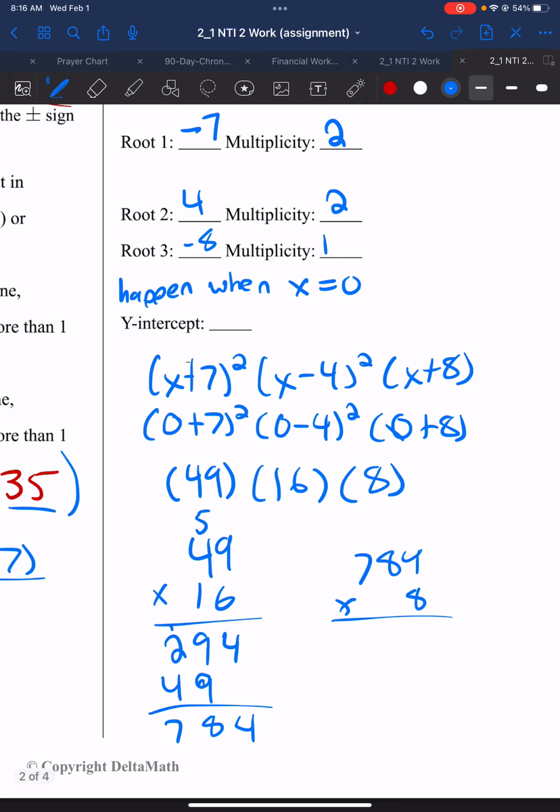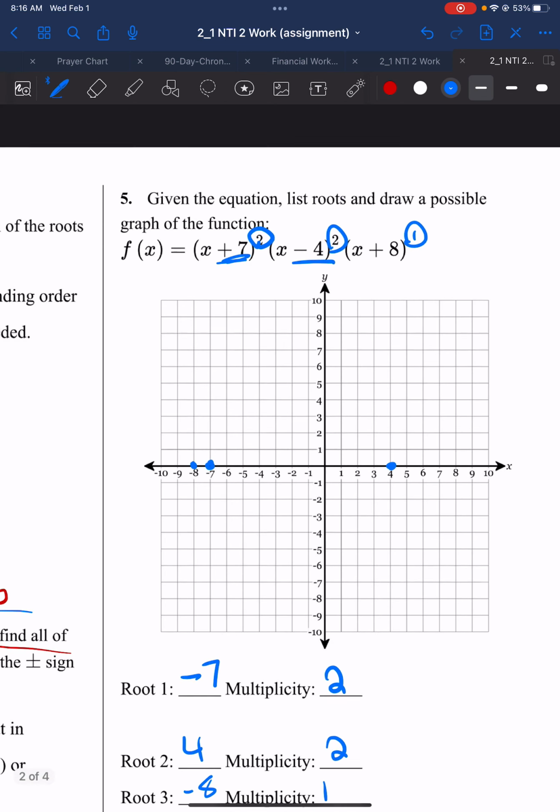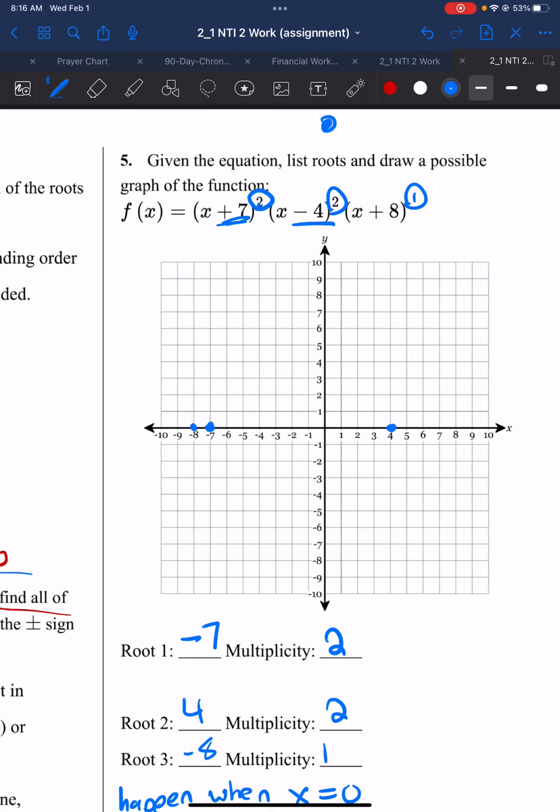Like I said, this is a huge number, so don't get super lost in this. On the test, I promise it won't be that big. 56. So right here, my y-intercept would happen at 62, 72. Obviously, that's going to be way, way, way up on the graph. But on the test, you might have something like 9, and it would fit a lot nicer.